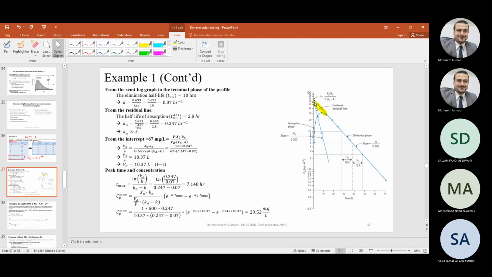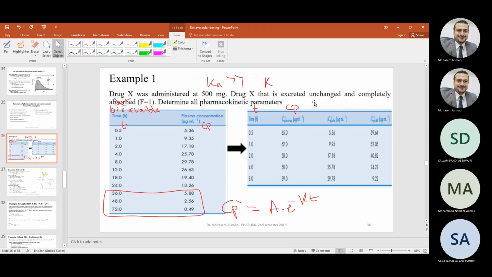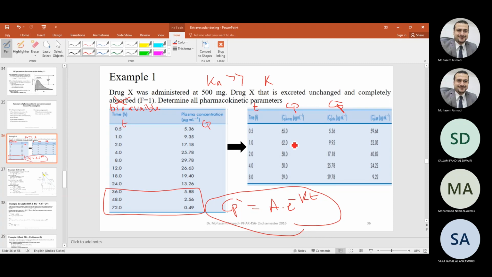And the next step was to take the difference between the Cp prime, which is this one, that we just calculated using this equation, and we did that in the absorption phase. We need to do it again on at least 3 time points, because linear regression needs to be done on at least 3 time points.